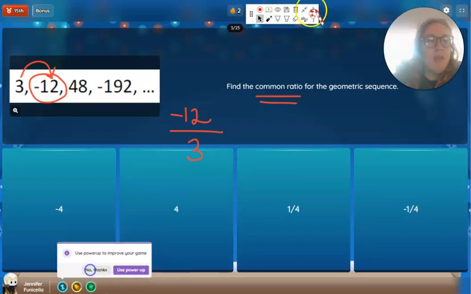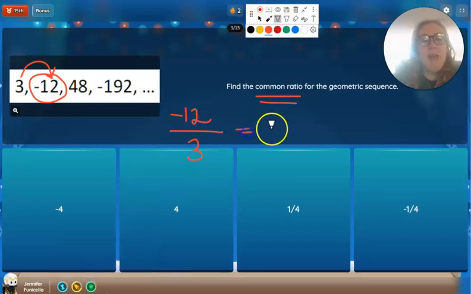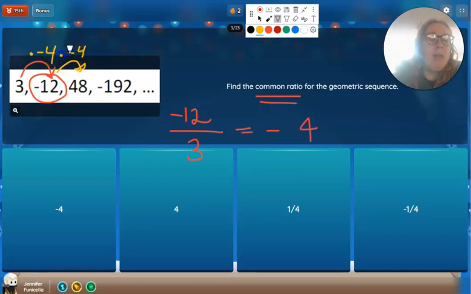So negative 12 divided by 3 is negative 4. So what happens here is we're doing 3 times negative 4 to get negative 12. Negative 12 times negative 4 to get a positive 48, and so on. So our multiplier is negative 4.